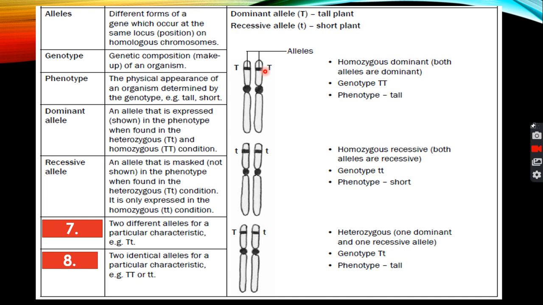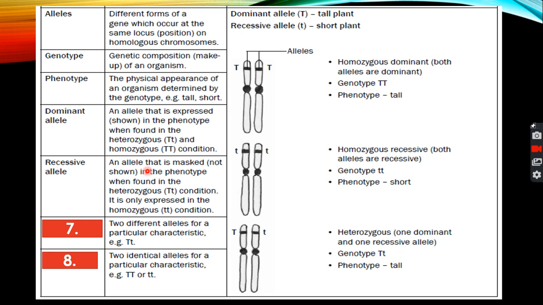If you look here, with dominant allele, big T is for tall plants, recessive allele is small t. If you come here, genotype big T, then the plant is tall. If you come here, small t, then the plant is short. If you come here, big T small t, then the plant is tall. So that's the difference between the two.